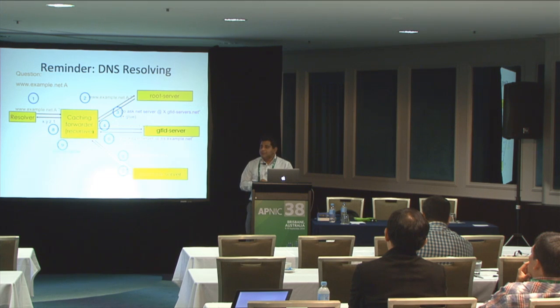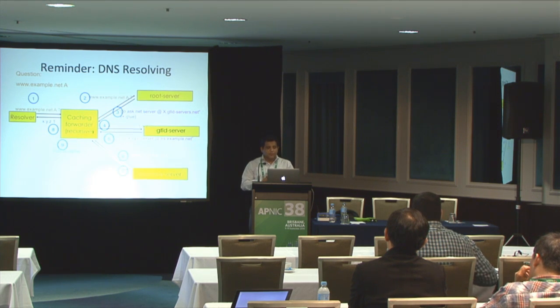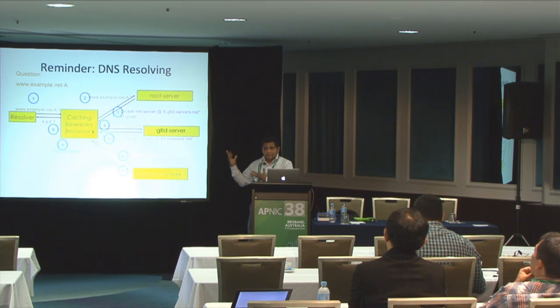Once this answer is given, the recursive server will keep this answer in memory or in the cache, right? This is what we call the caching process. So this is really what's happening in a very simple DNS query. You can see there are a number of servers involved: different types of name servers, recursive name servers, authoritative name servers, the root name servers, and then, of course, our clients.